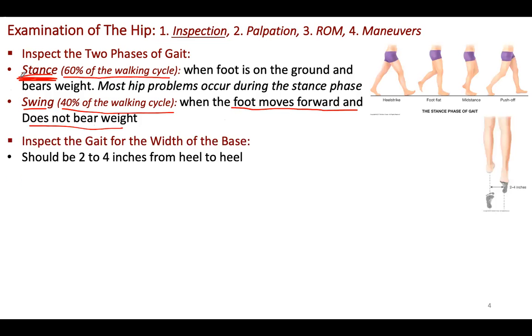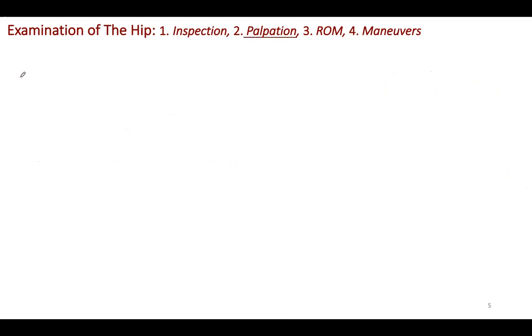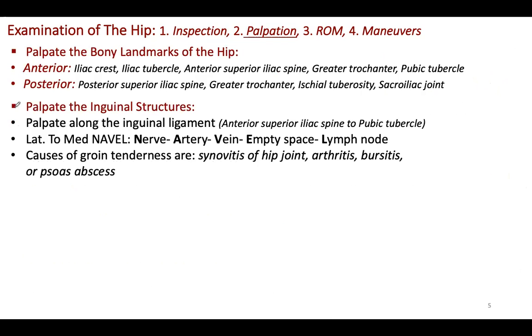Inspect the gait for the width of the base and assess the length of legs for symmetry. Asymmetrical length, of course, will denote a problem. Palpate bony landmarks of the hip anteriorly and posteriorly. Palpate the inguinal structures at the inguinal ligament. If you remember the word NAVEL, these are the structures from lateral to medial.